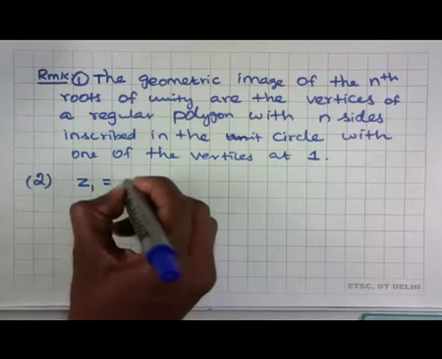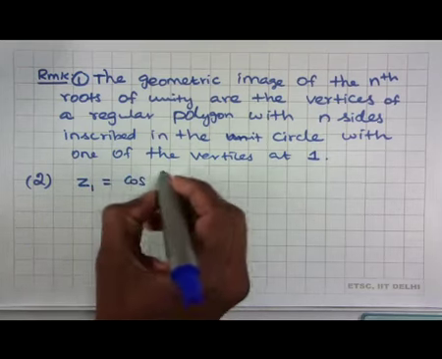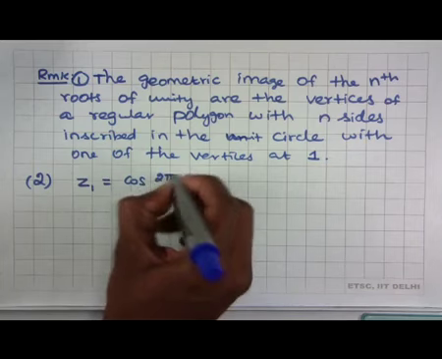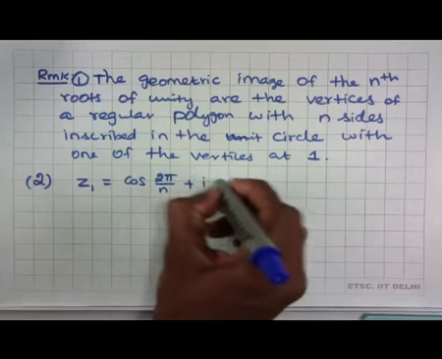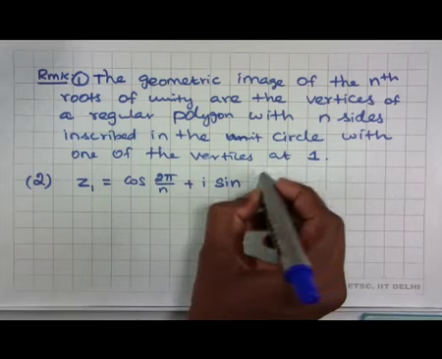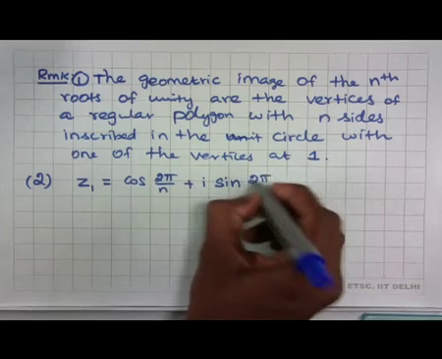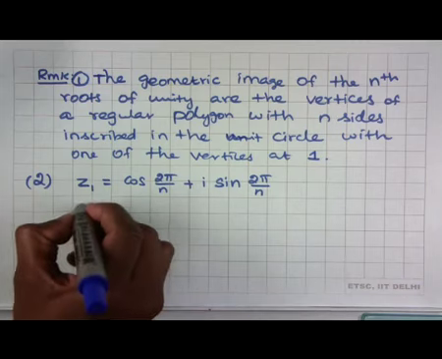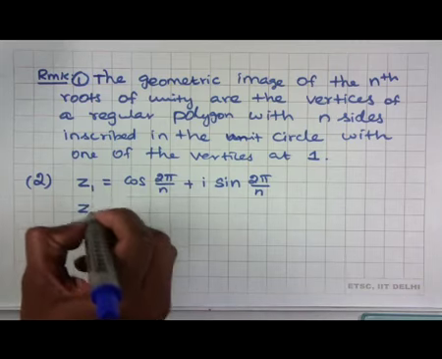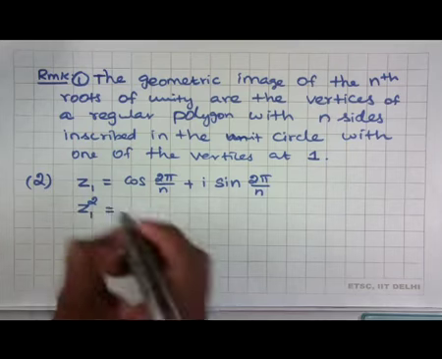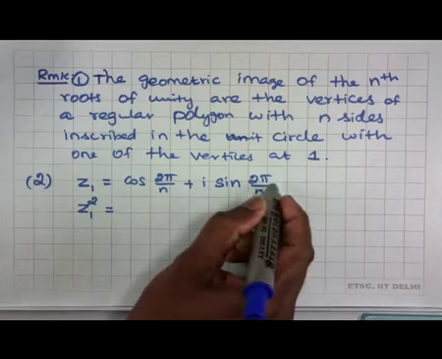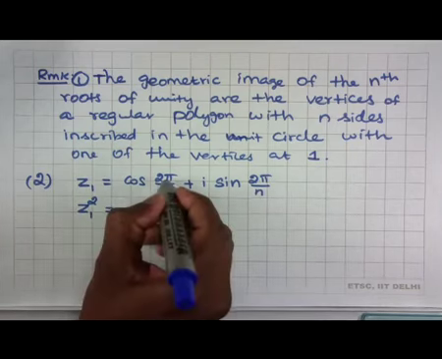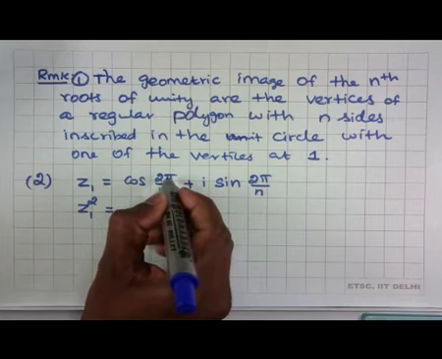Z1 is cos 2 pi by n plus I sine 2 pi by n. Now, if you take the power Z1 square, we get by De Moivre's formula that the power multiplies with the argument.